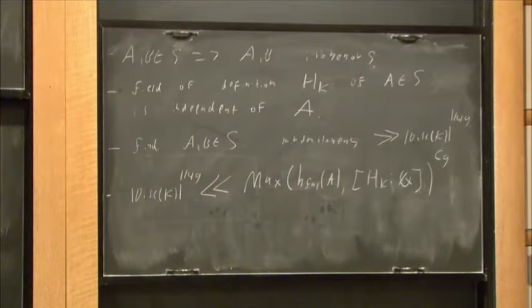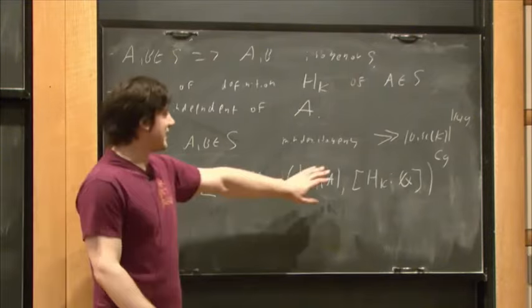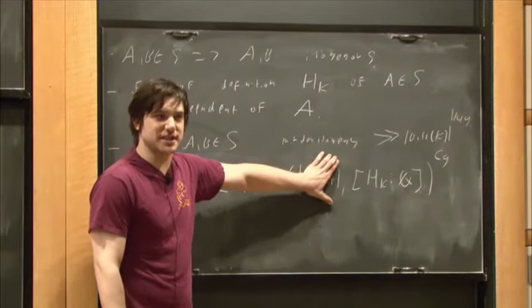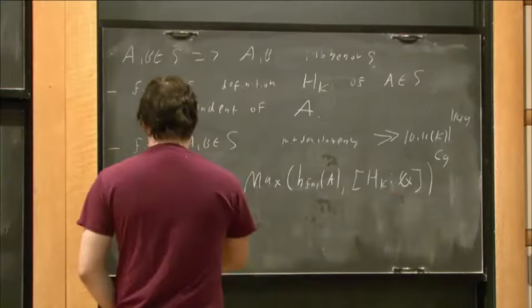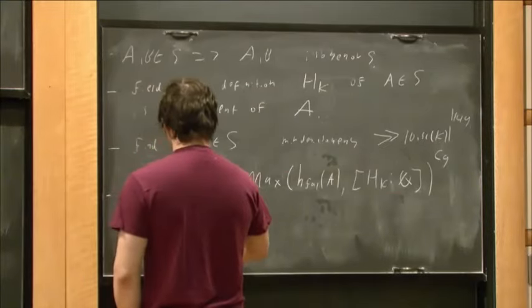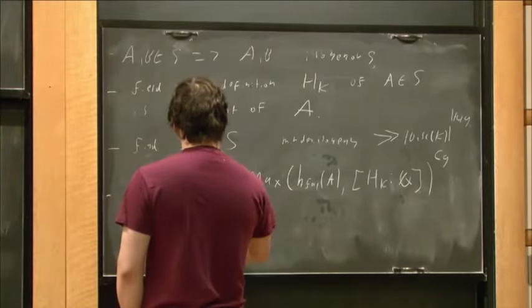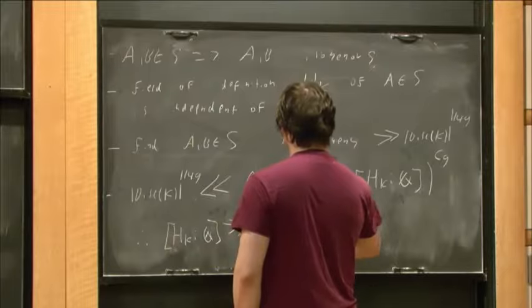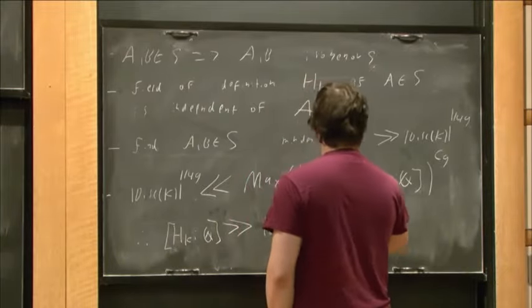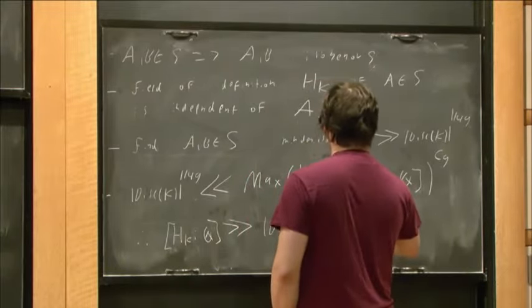Okay? And now Colmez tells us that this guy can't be responsible, because this guy grows subpolynomially. And so we conclude that this guy is big. As a result, this degree is at least of size the discriminant to the power of 1/4g times c_g.